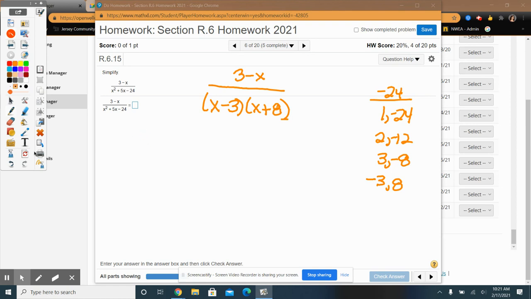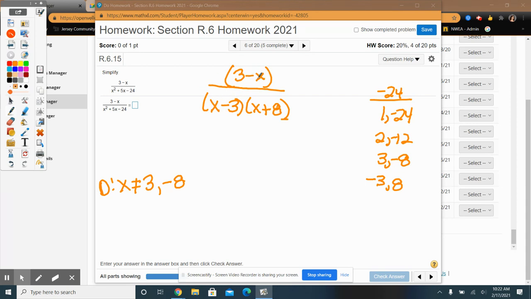So that's factored. Now, they're not asking me for the domain, but I do want you guys to really think about domain on all of these. That means x cannot equal 3, and x cannot equal negative 8. So it might look like there's nothing that can cancel out. But in fact, this 3 minus x is very closely related to x minus 3. So the rule is you can cross them out if they're opposites that way.